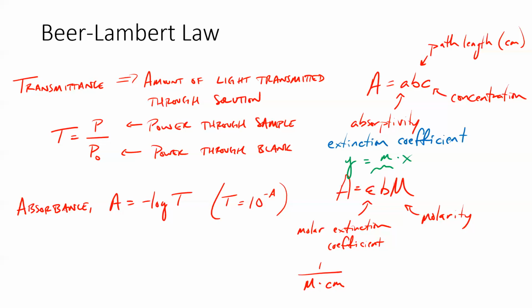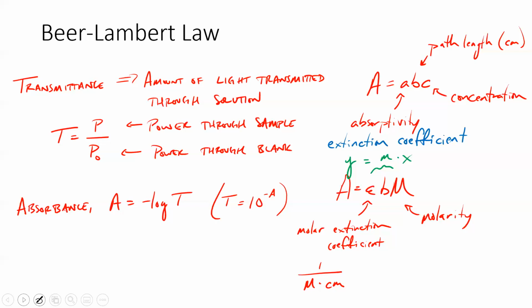If it's not, something's messed up. And so we don't have a plus b because hopefully that is 0. Sometimes in an Excel graph or something, if you have a small residual leftover y-intercept, you can force that trend line to 0 and sometimes get better, more accurate values for the extinction coefficient.